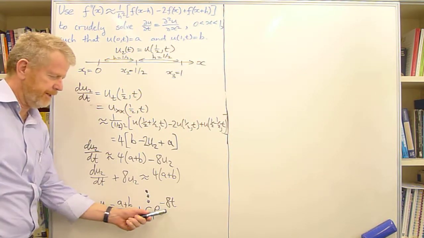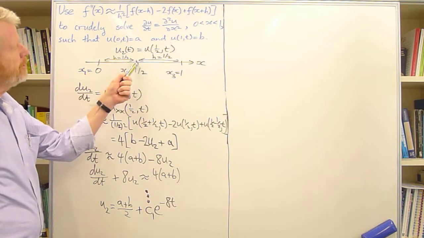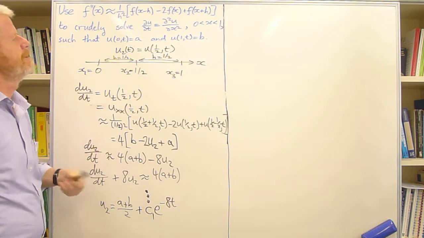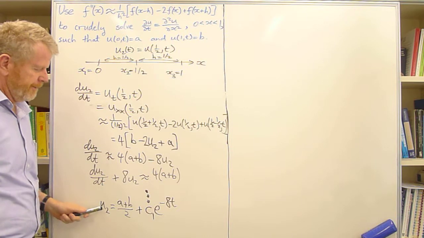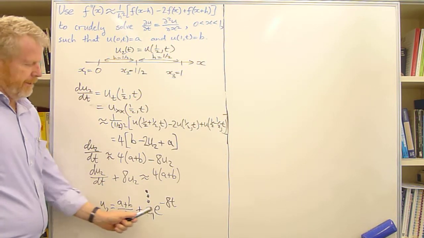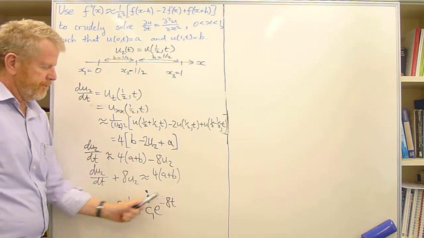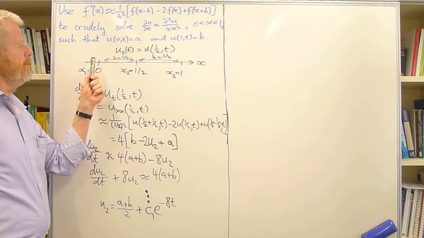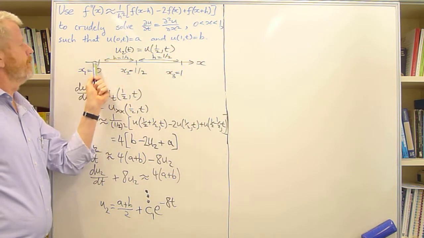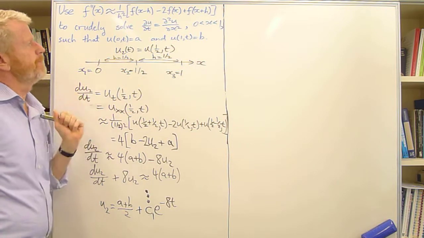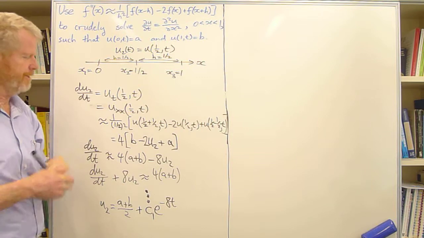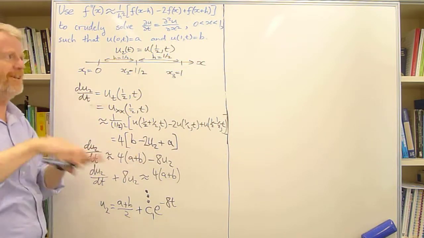Right, and that's our crude prediction for what goes on at this midpoint, x is equal to half, as time varies. Namely, there's an exponentially decaying transient, and then the solution tends to the average value of u at the left and the right. And this is quite a reasonable thing for it to do, because this is a diffusion equation, and in diffusion equations things just smooth out.